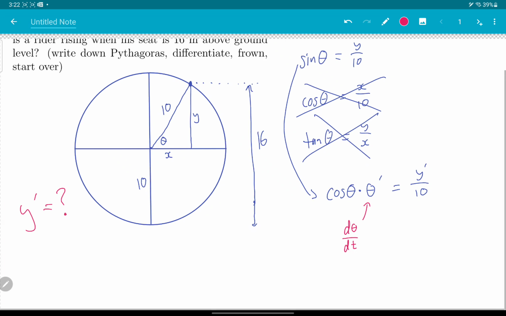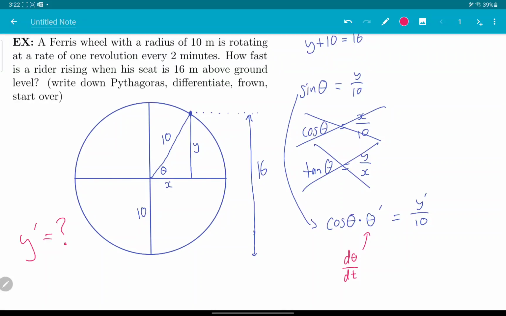We have this variable t that is hiding in the background. Here's my y prime. I can find it if I can find cos theta and theta prime. This 2, I think, is connected to theta prime. As for cos theta, I can go back to my triangle and try to sort that out.